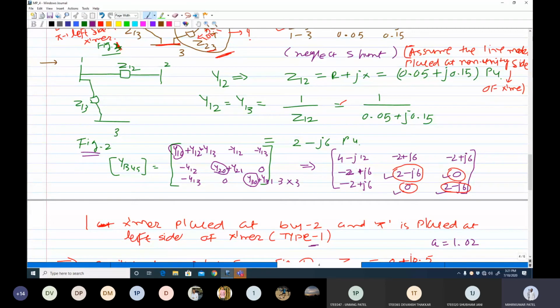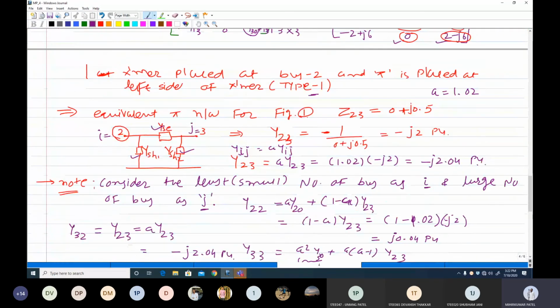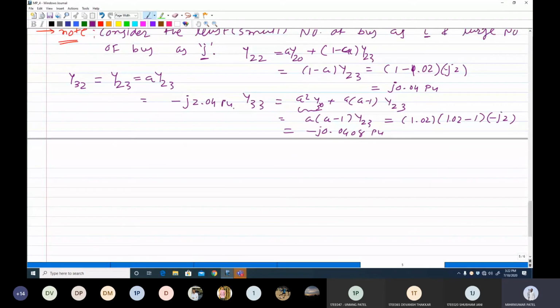So what is the updated value? Yes, final matrix. Y bus final matrix, help me to write down this final matrix.